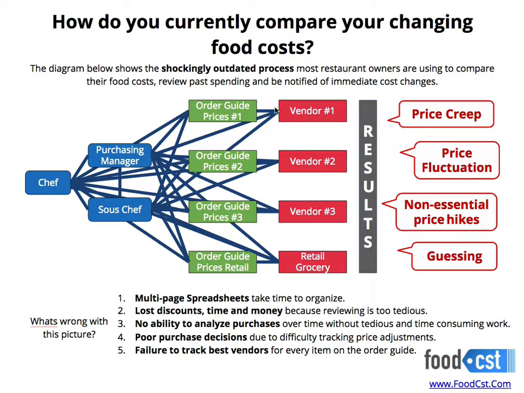The thing that most people don't realize is that, like in the grocery store or anywhere else, as seasons change, or maybe there's changes in the economy or something else, the prices of your food also change. So most restaurants that we speak with actually don't look at the changes in that pricing.